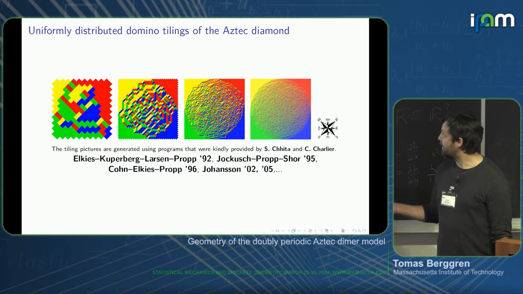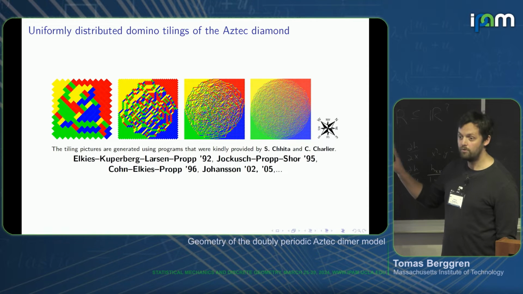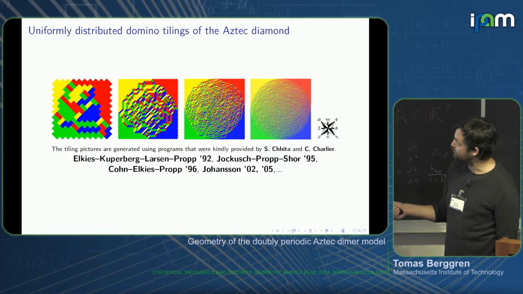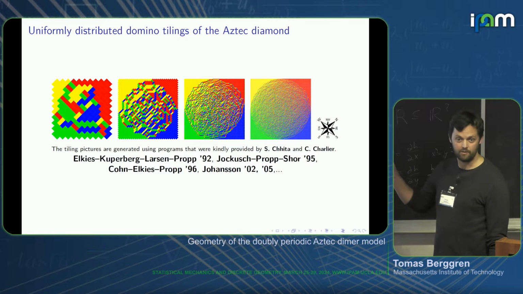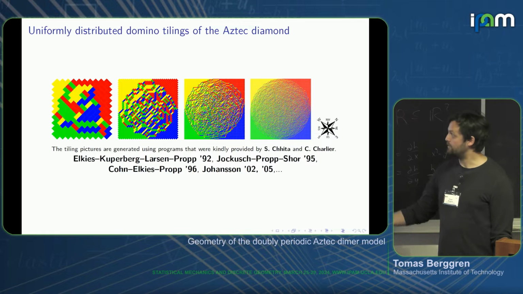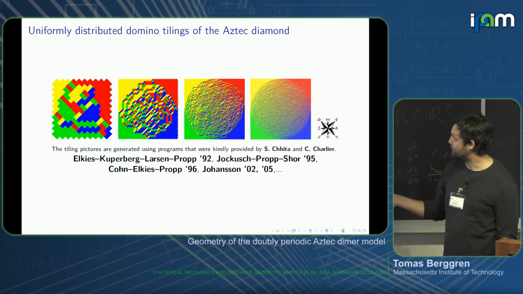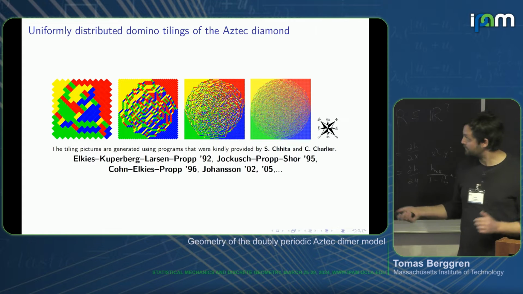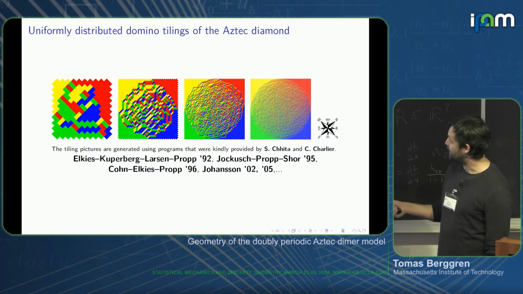So here are random samplings using the uniform measure of the Aztec diamond, of different sizes. I think this is maybe size 10, this is size maybe 30, 100 and 300, something of that sort. And you can see this kind of nice structure appearing as the size of the Aztec diamond increases, right?